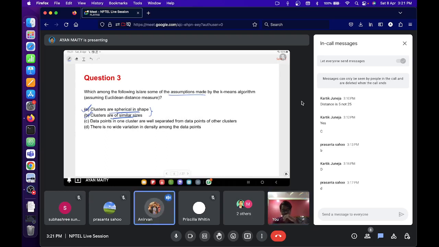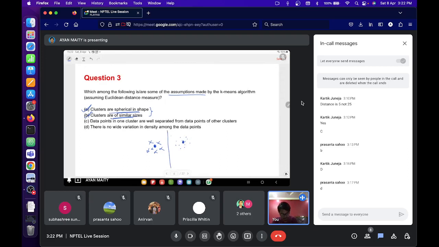I'm a little bit unclear about option B, saying clusters are of similar size. How is that assumption being made through the algorithm? So for example, let's consider two clusters. This is one cluster, this is another cluster. Let's consider this is the centroid for this cluster.